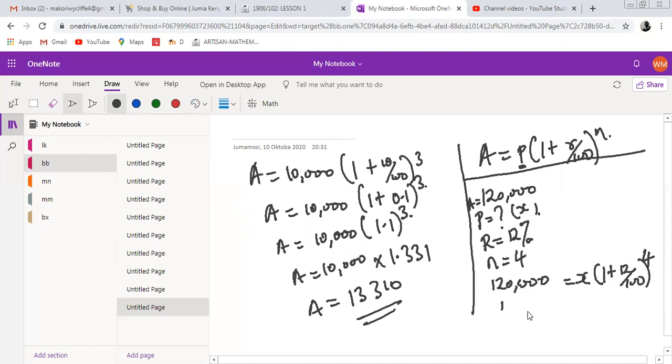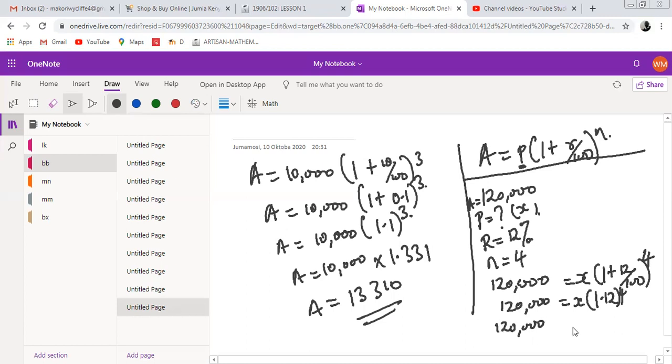So 120,000 is equal to x times, remember 12% is the same as 0.12, 1.12 power 4. If we raise 1.12 power 4, we get 1.5735.